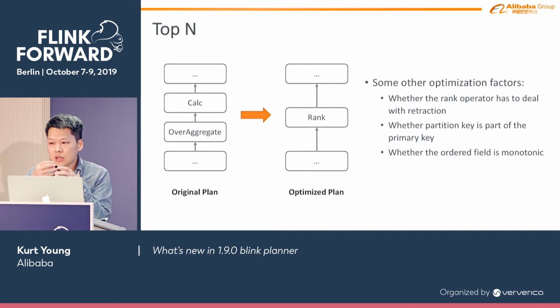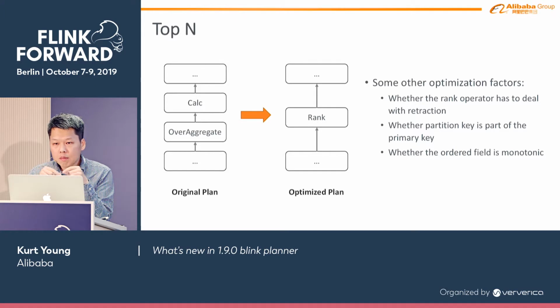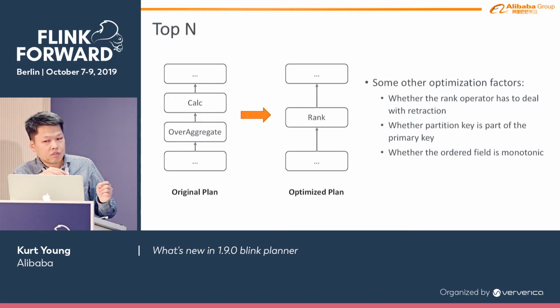In our optimization rules, we consider this pattern and turn this over window with arbitrary sorting into a dedicated rank operator. This can avoid Flink doing a very expensive over aggregation.